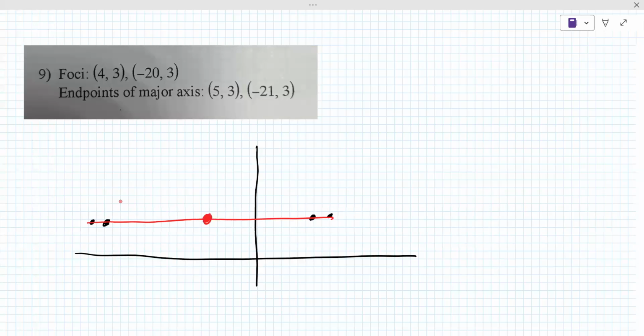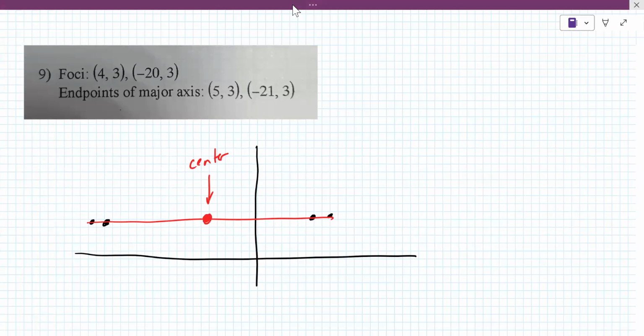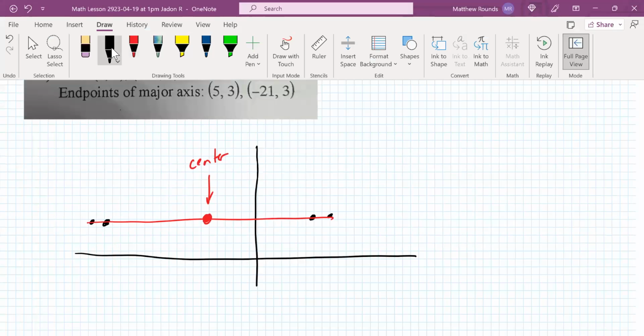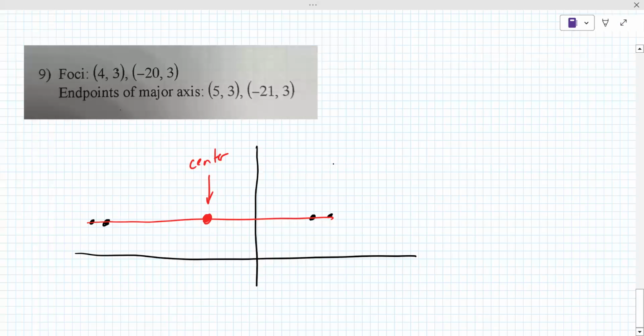There's a center between the foci and the endpoints. There's some sort of center there that we're going to figure out. To do that, if you had graph paper, you could probably just eyeball it and count, but you can also just find the average of the x values for either the foci or the endpoints.